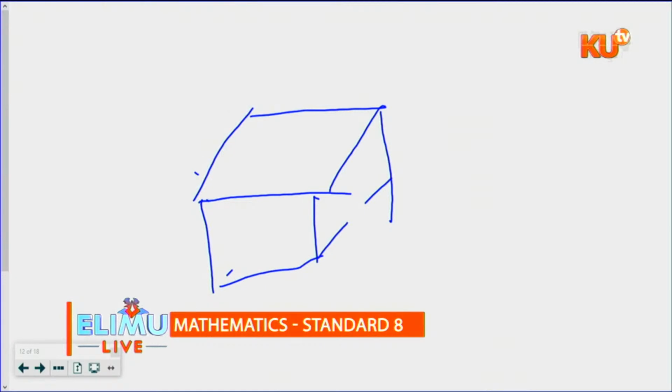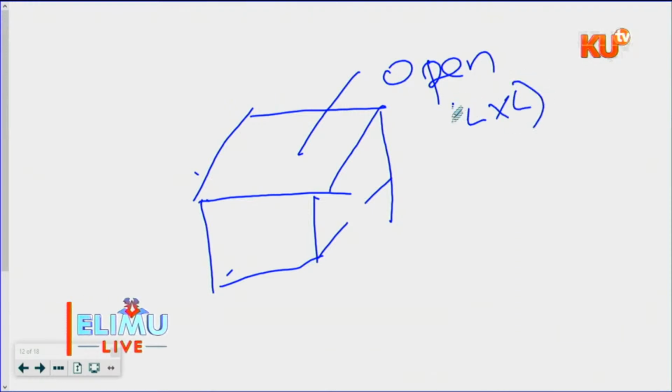So Yvonne, this part is open. This one is open. It is not there. Remember I said when it is closed, we say length times length, and you multiply by 6. But now one face is missing.